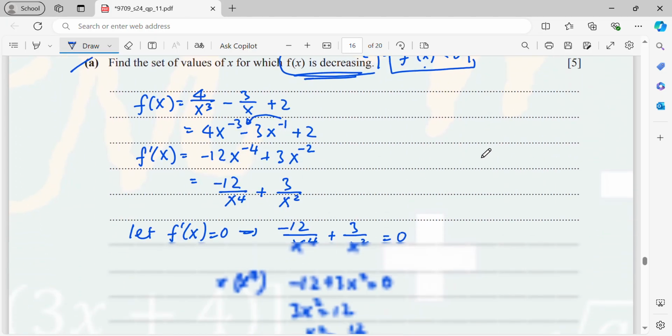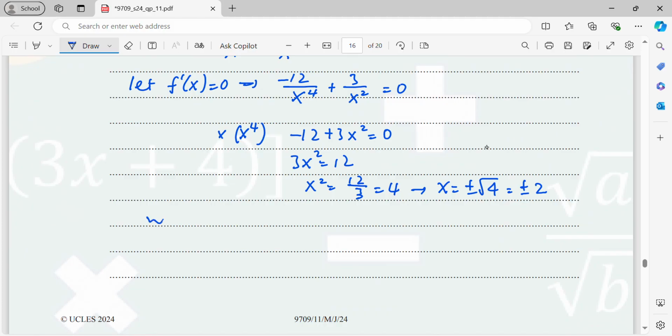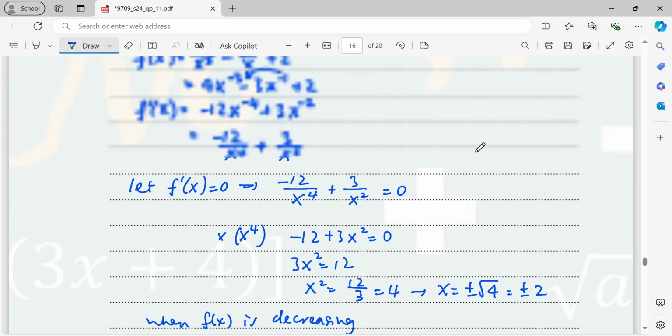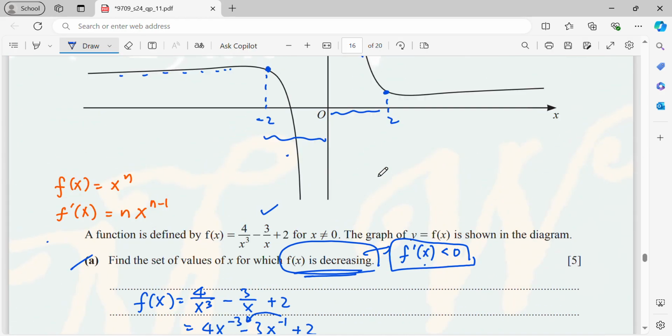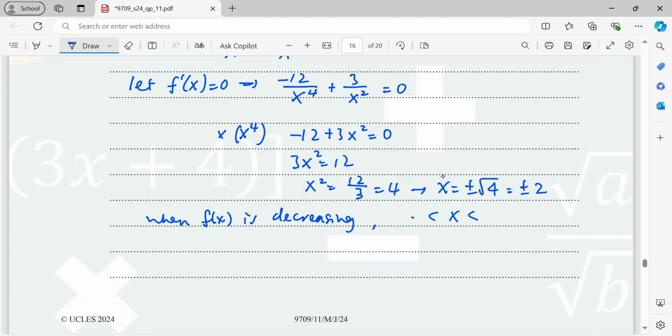So now I will just write when f(x) is a decreasing function, when f(x) is decreasing, x is between minus 2 and 0 and between 0 and 2.